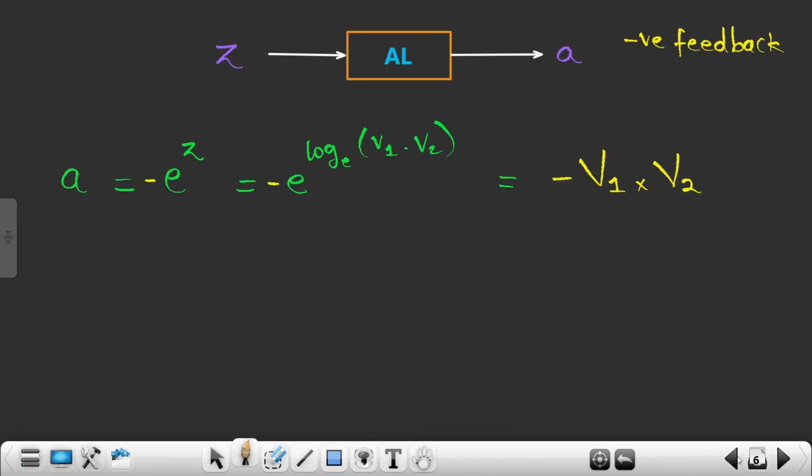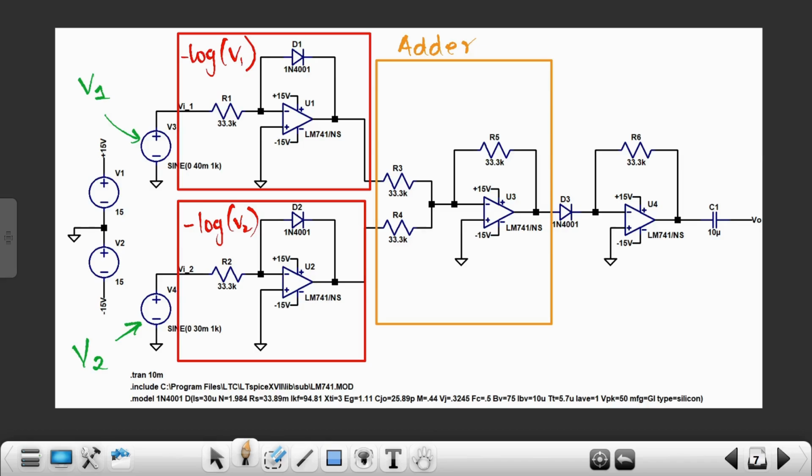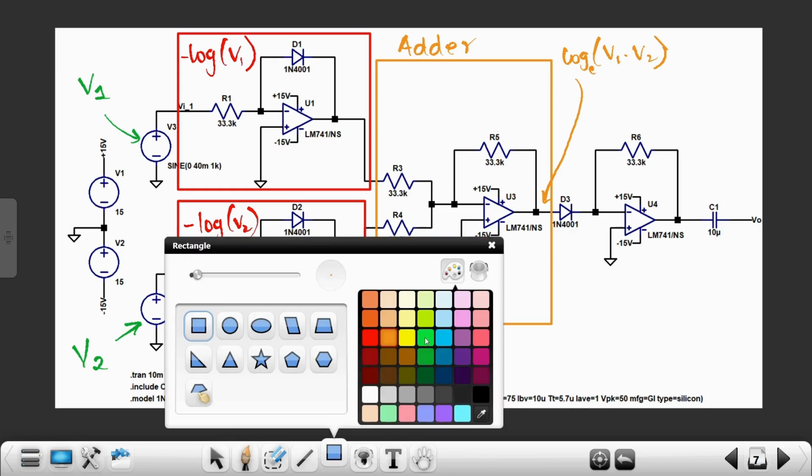So this is the output that we may get over here. Over here we are getting output as log of V1 times of V2, right? So let me just write over here, we will get output as log of V1 times of V2 base of E, right? And this is my antilog amplifier, this entire block from here to here.